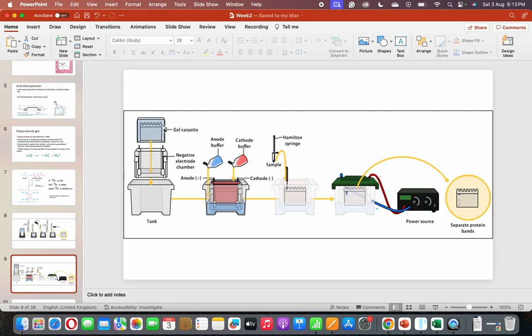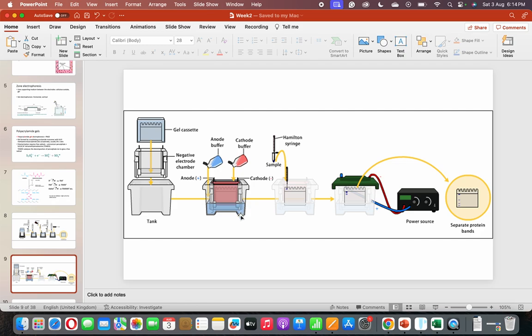When we run this gel, we take the gel cassette and keep it in the running tank. The anode, as you can see, is at the bottom of the gel, and the cathode is at the top. So we are loading the sample near the cathode, and the anode is at the bottom.